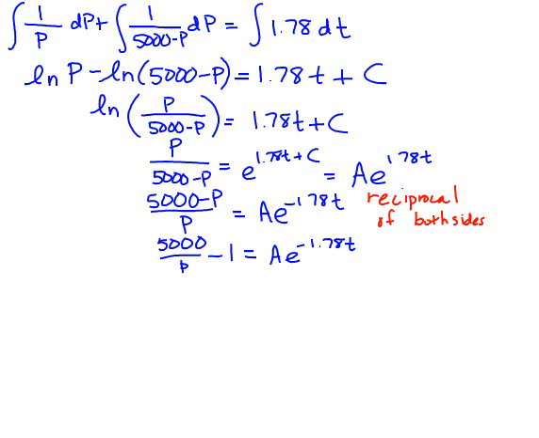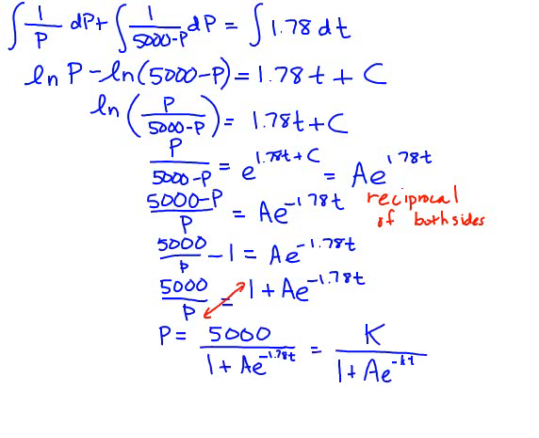Separate the left side into 5,000 over p minus p over p, and add 1 to both sides. Isolating p by making a diagonal swap gives p equals 5,000 over 1 plus A e to the negative 1.78t.